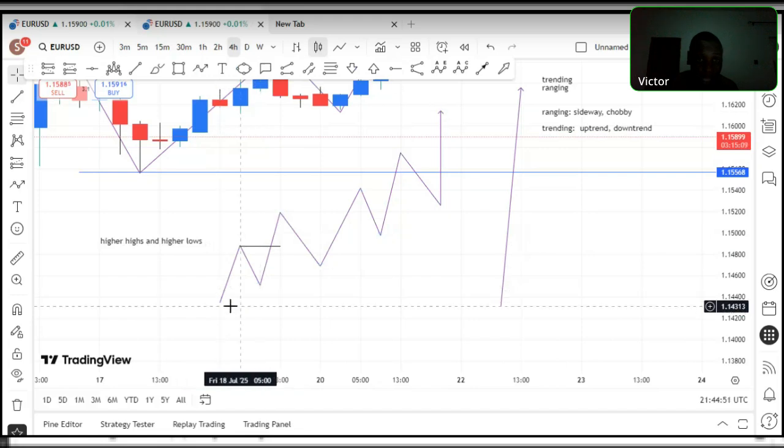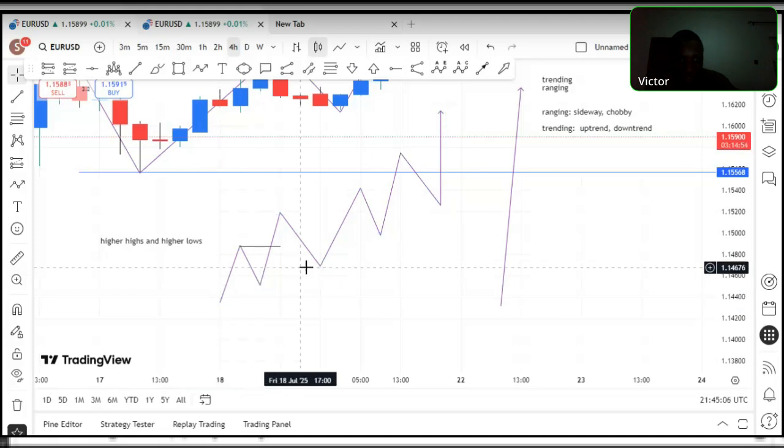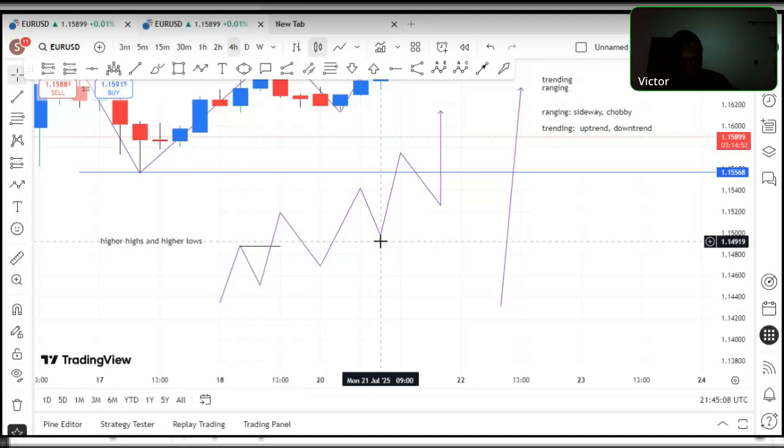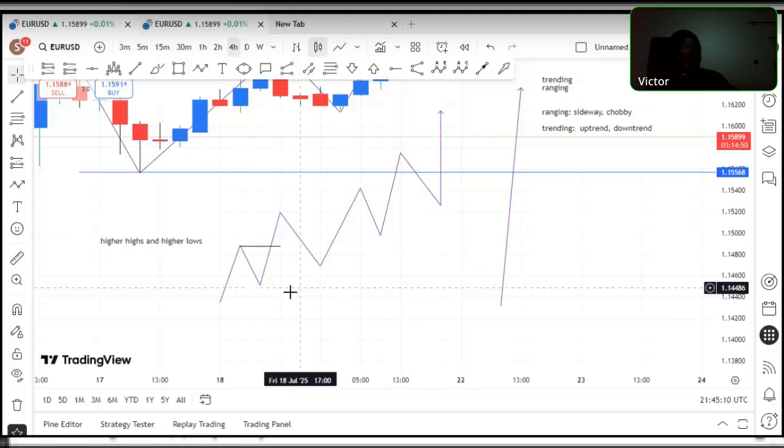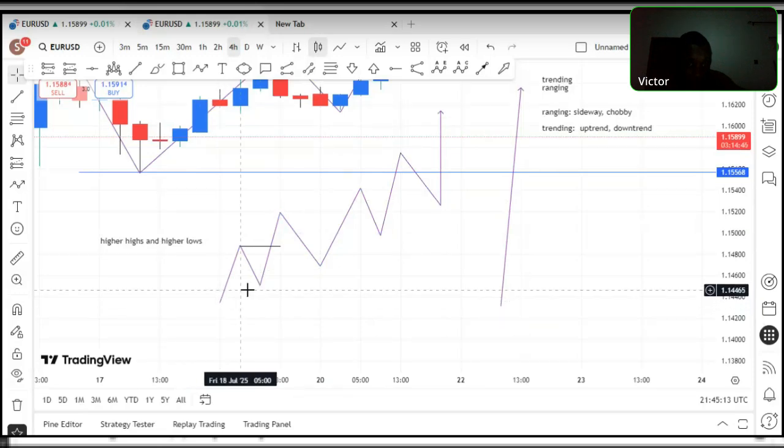This one is the lowest point of this trend. You understand? So all this bottom here, all the key levels at the bottom, they are known as low. All of them. This is a low, this is a low, this is a low. But this low is lower than this low.